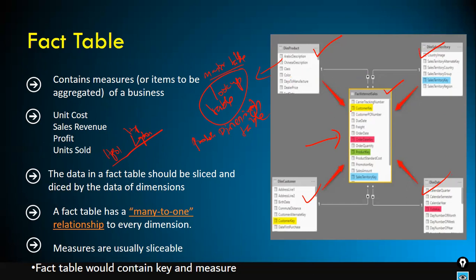So in this case, you will have the customer key, the product key, the territory key and the date key. All the key columns: this fact table will have the key columns from all dimension tables, plus it will have the facts in it.